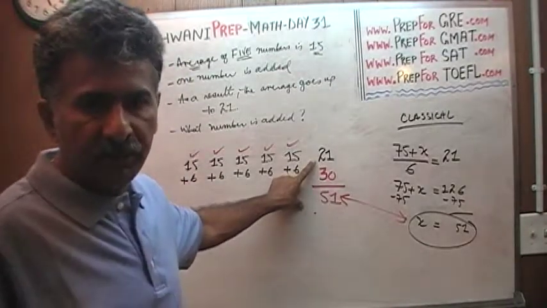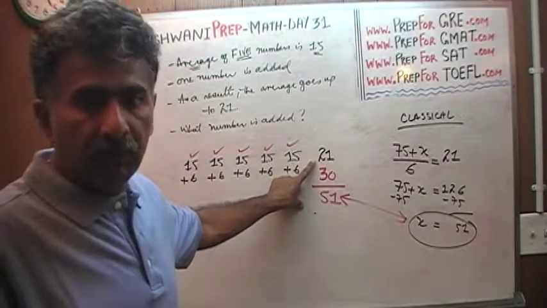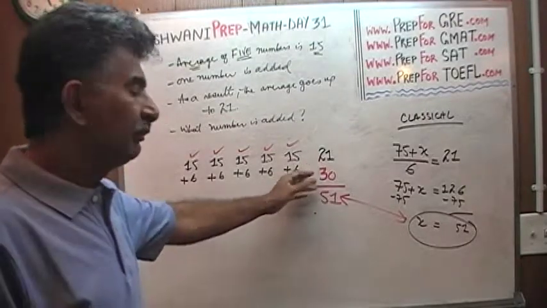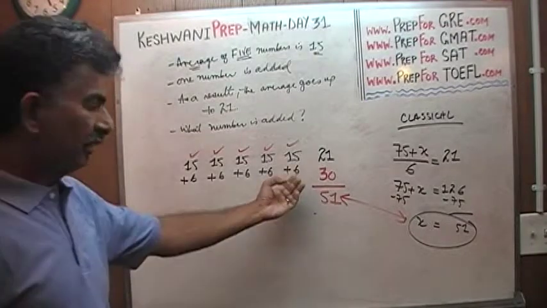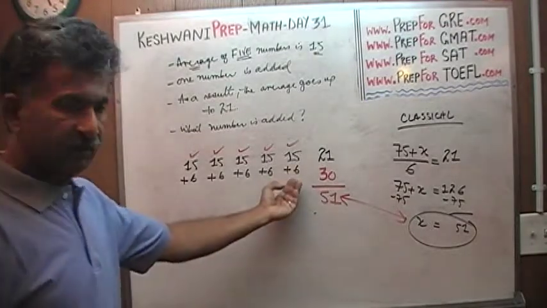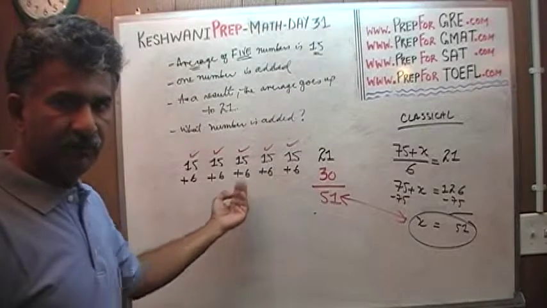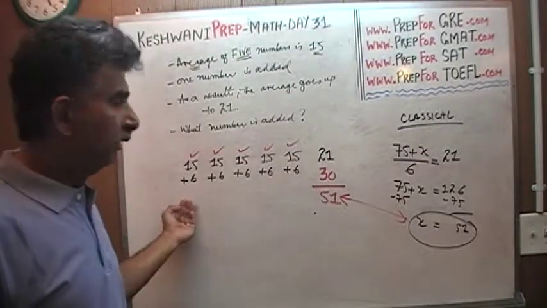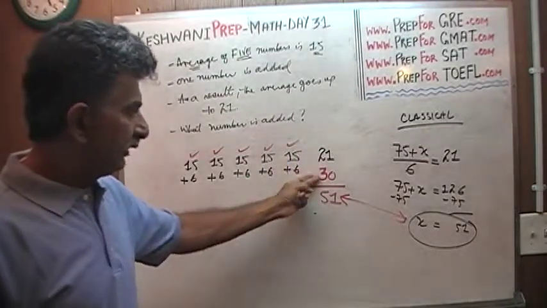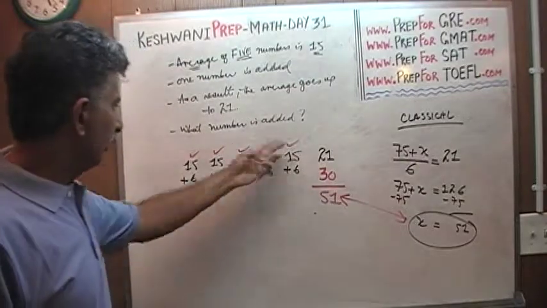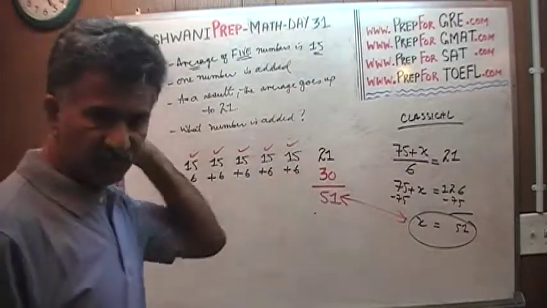So not only he has to carry his own weight, which is 21, but he has to compensate for the fact that the other previous guys are short. They're short by 6. So we are short 5 6s. 5 6s is 30. So he has to have 21 plus an additional 30 to give to these 5 guys so that they all become 21. And therefore the new number has to be 51.